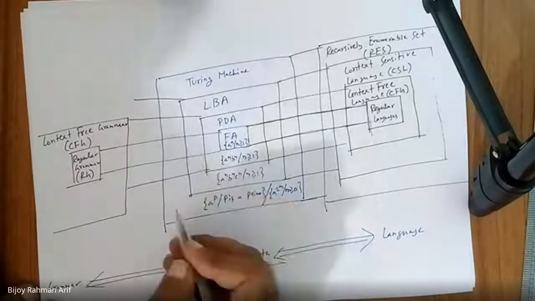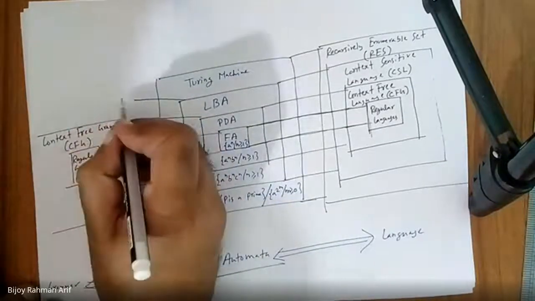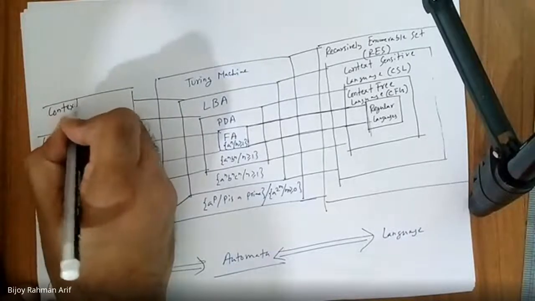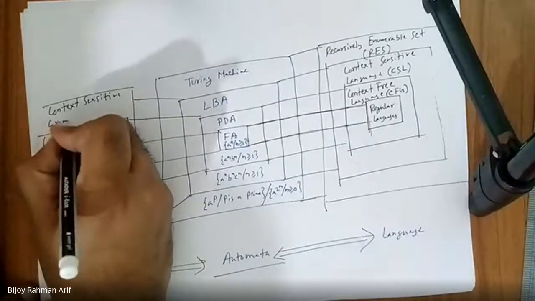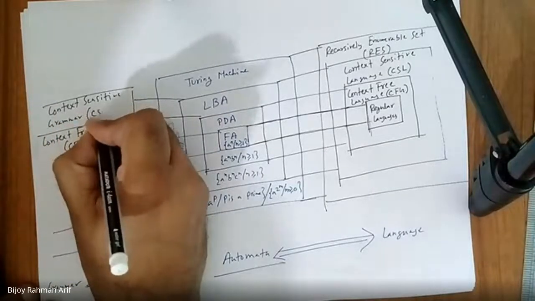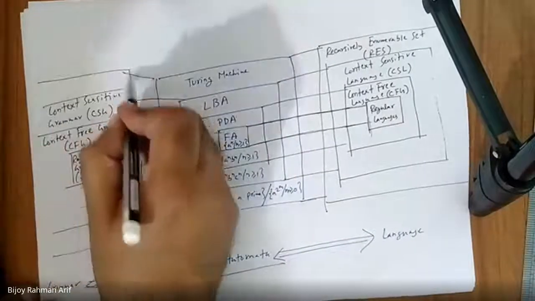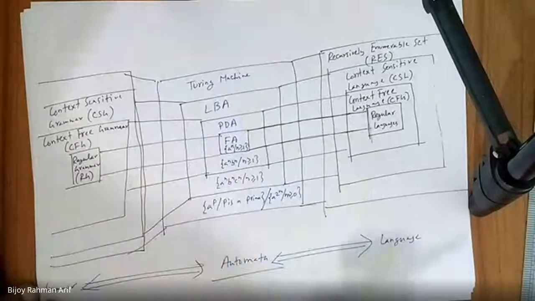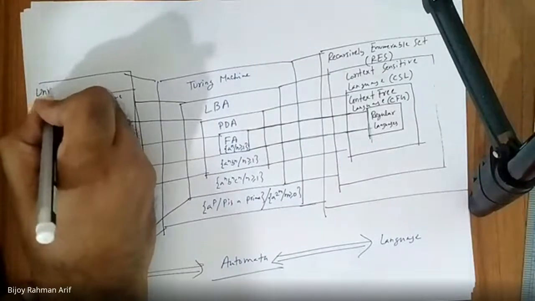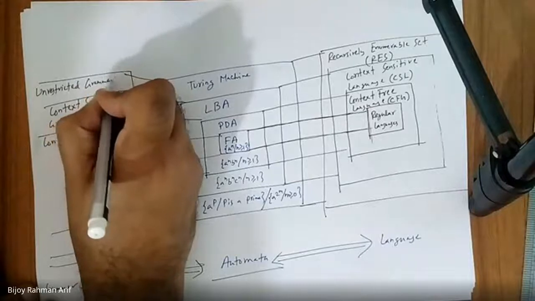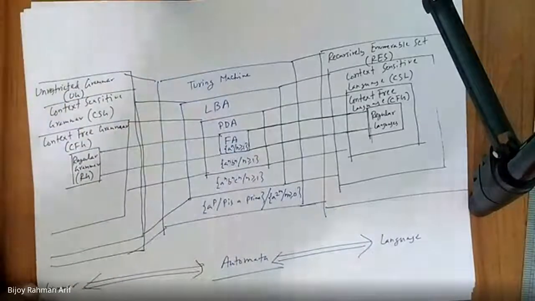The grammar accepted by linear bounded automata is called context sensitive grammar, or CSG. And finally, the Turing machine capable grammar is called unrestricted grammar, or UG. Do you have any query?